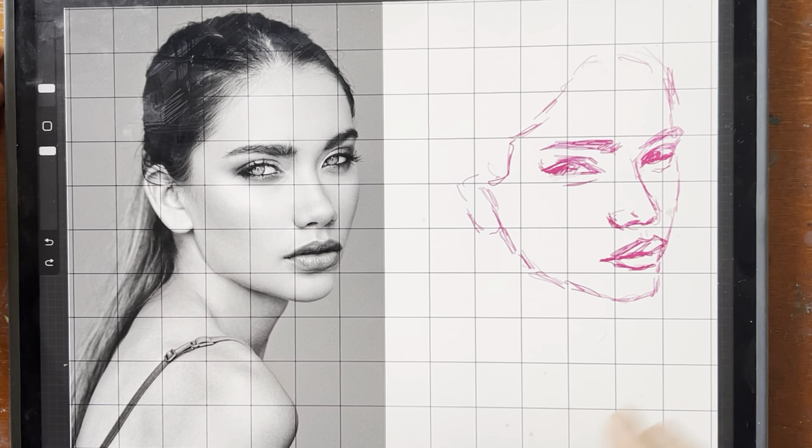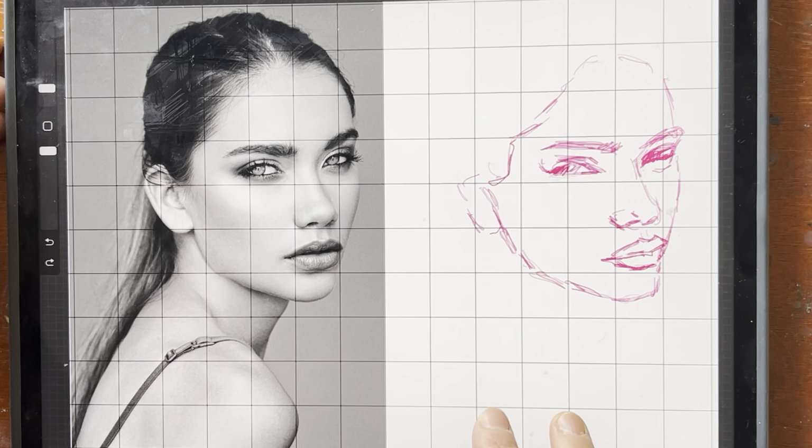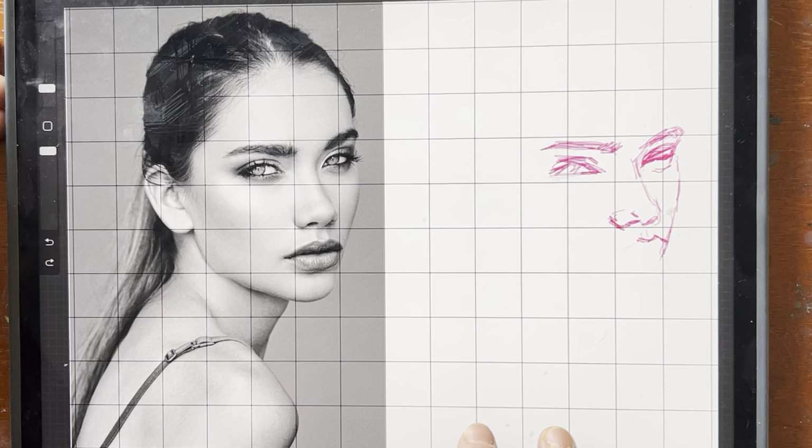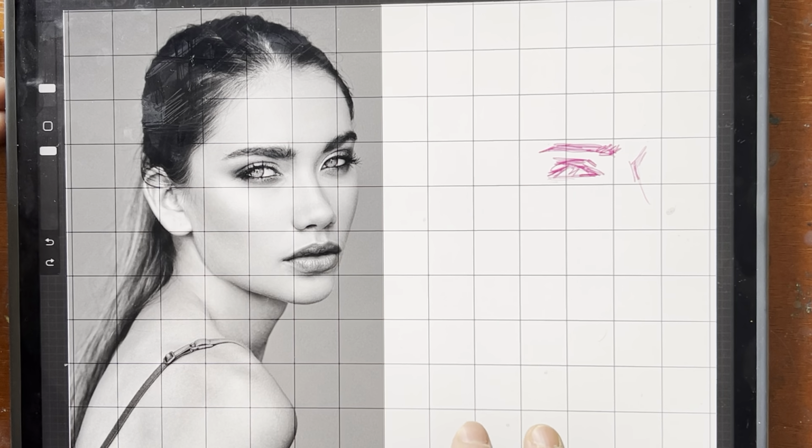Now, I'm going to just freehand draw this girl, and I'm going to tell you where I'm looking to make this girl correct, okay? And also you'll understand what I mean by I have a grid in my head, okay?